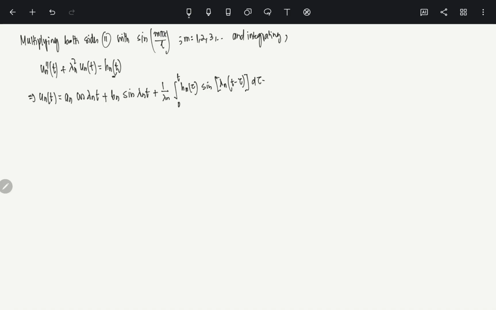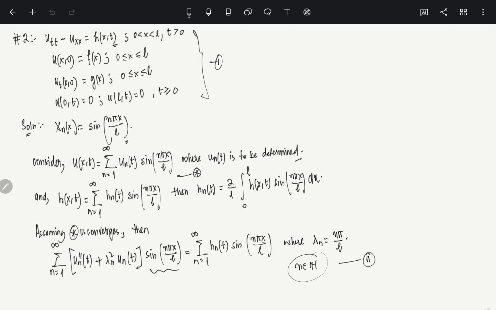So if this is the case, then what is the formal solution? The solution u of x,t equals the summation n equals 1 to infinity of an cosine lambda n t plus bn sine lambda n t, this part, plus 1 by lambda n.